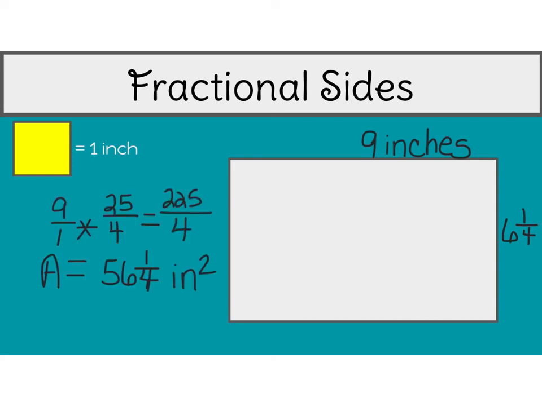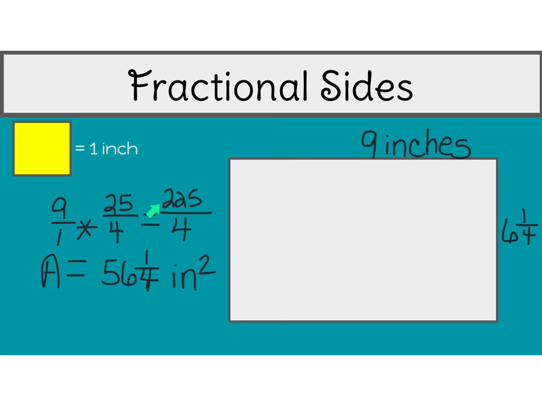I don't know about you, but I was a little overwhelmed looking at this problem, thinking, how do I create an area model? So I went with changing both factors into fractions. As you can see off to the left, I took the whole number 9 and changed it to a fraction, took the 6 1/4 and converted it to a fraction, and multiplied those together.